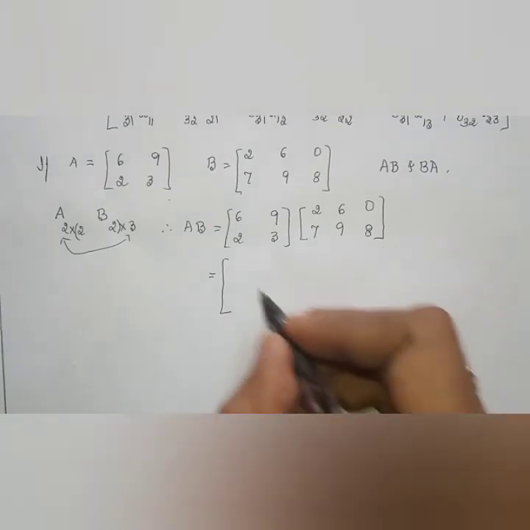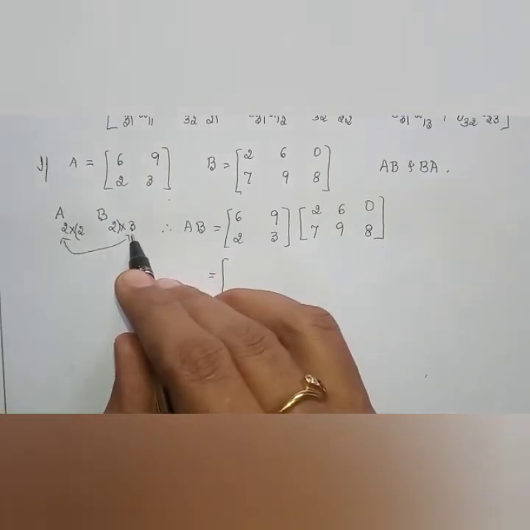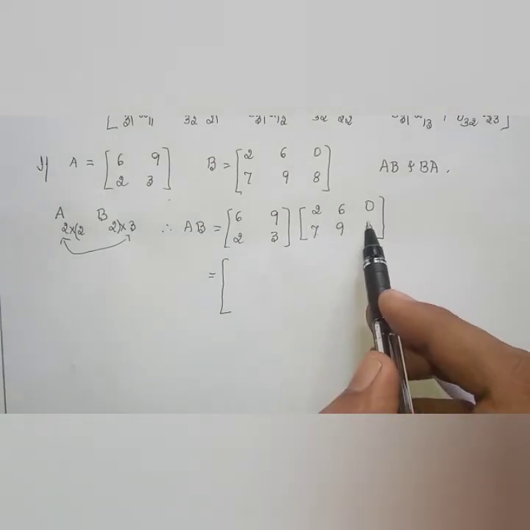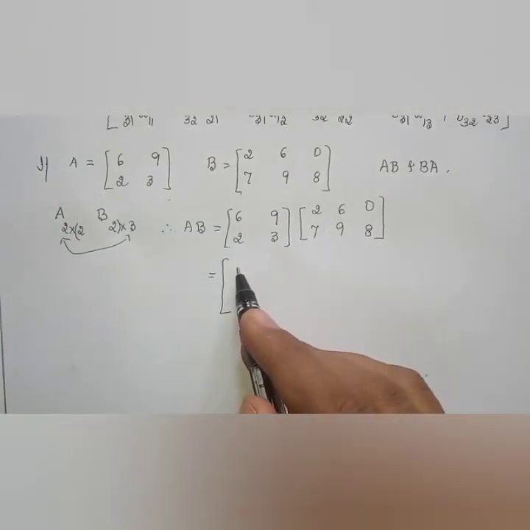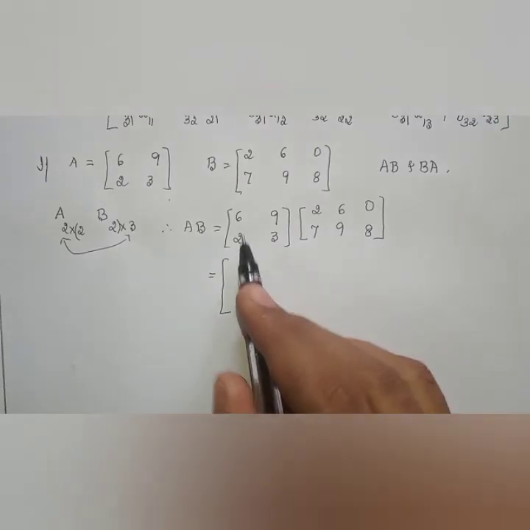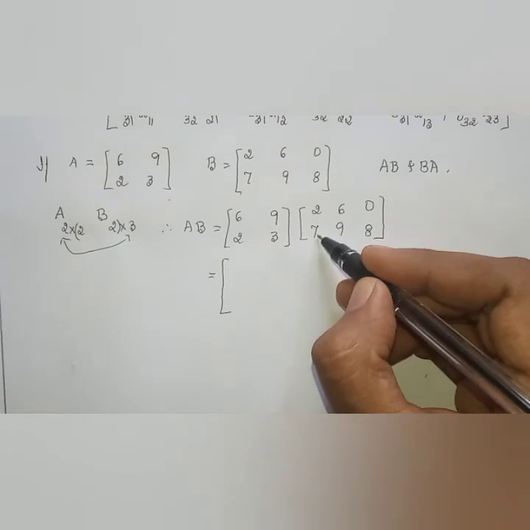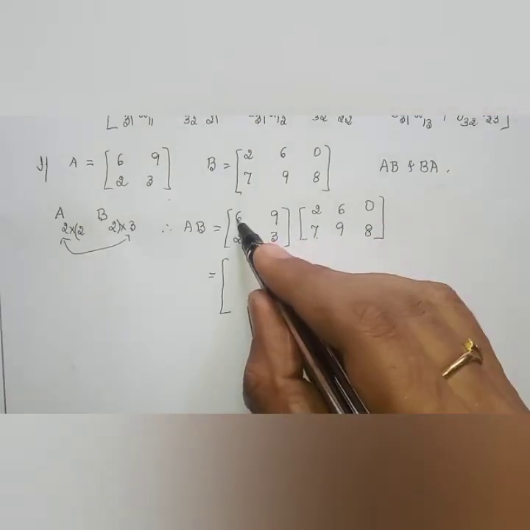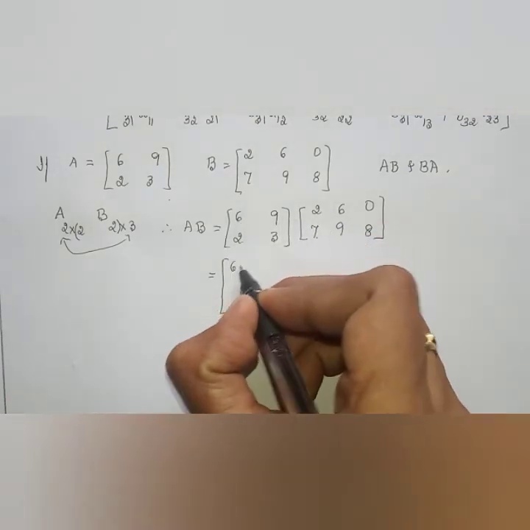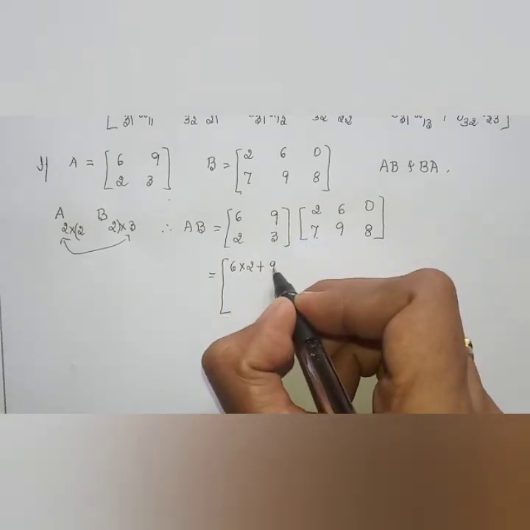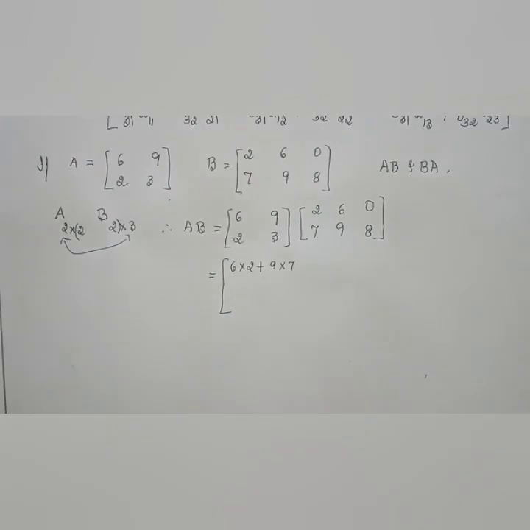The resultant is 2 rows, 3 columns. So the first entry, first row, first column: 6 into 2 plus 9 into 7.